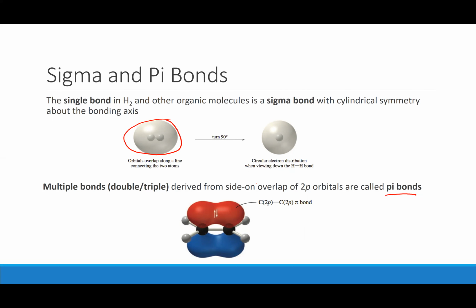We know that the normal p orbitals are perpendicular to the bond. So this would be the normal p orbitals, and you can see they've formed this overlap on the top and bottom to make a pi bond. So this would be one pi bond formed by p orbitals.